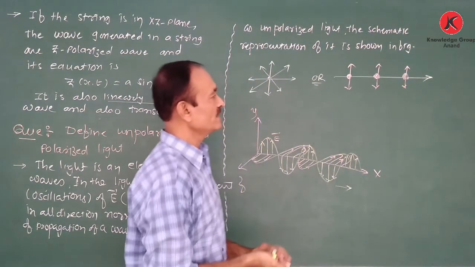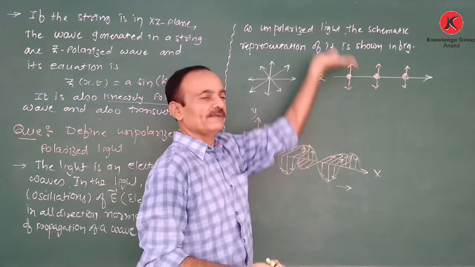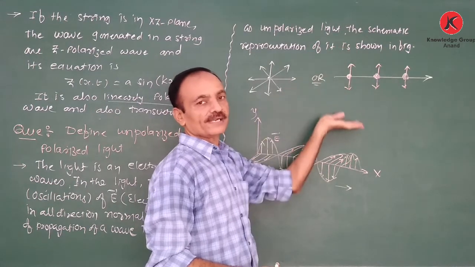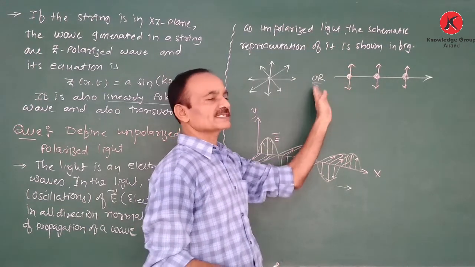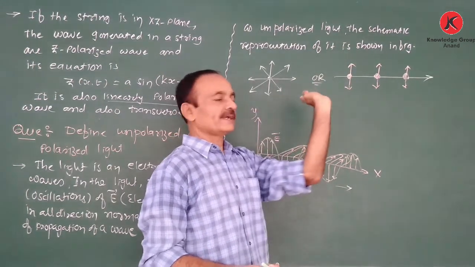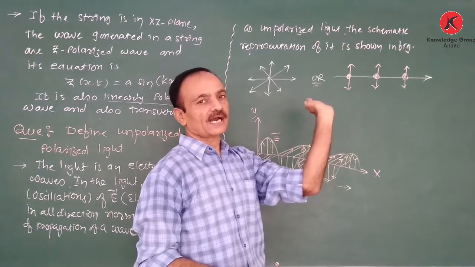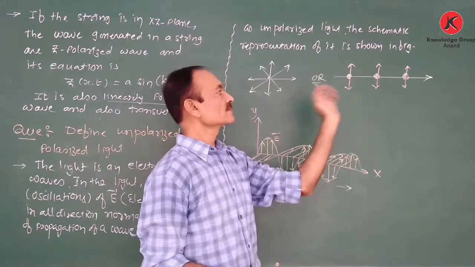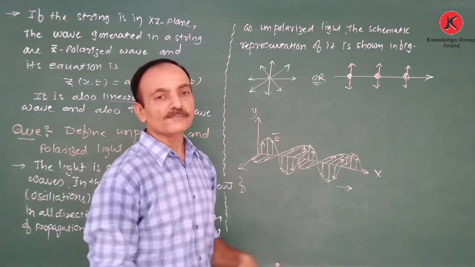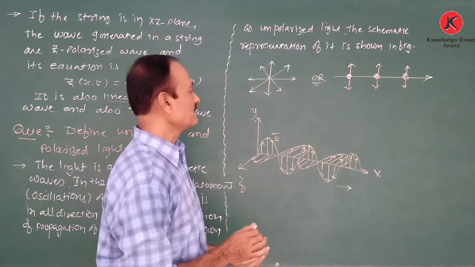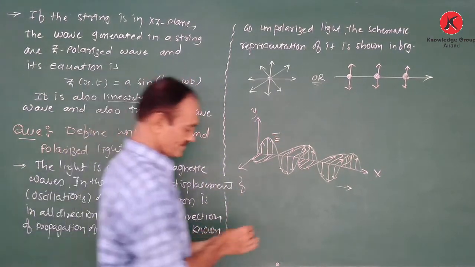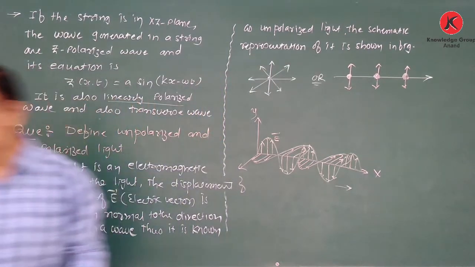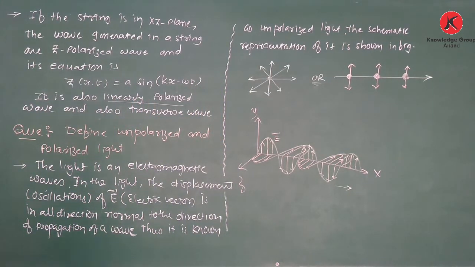Here this arrow represents the oscillation of the electric field vector vertically upward and downward, while the dot represents the oscillation of the electric field vector inside and outside. So both symbols are for unpolarized light. After that, the polarized light. Next is the polarized light.